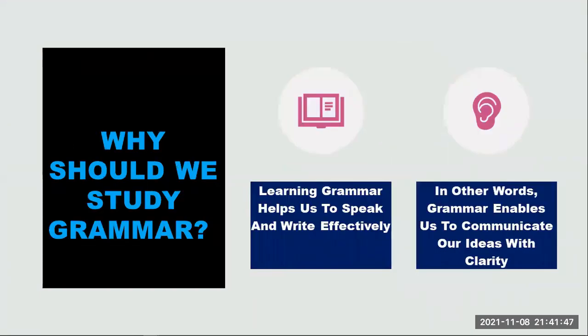Now, why should we study grammar? Learning grammar helps us to speak and write effectively. Of course, for those whose use of English is as a second language, it is important for you to learn grammar.